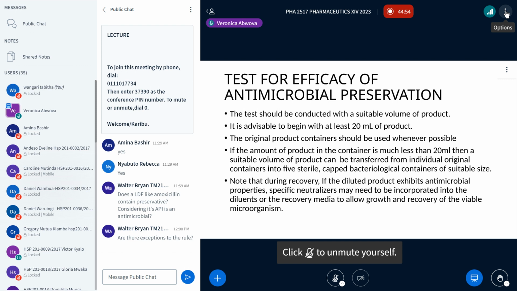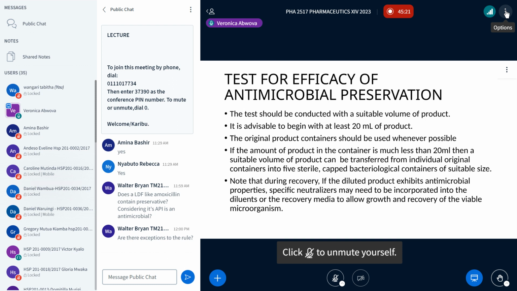But if you're not able to achieve that, then that's a compromise that you will reach, okay? You may need to combine a number of the product into a bigger container and test. Of course, that is not the ideal, okay? But if you have a product that is less than 1 ml, then there's nothing you can do about it.